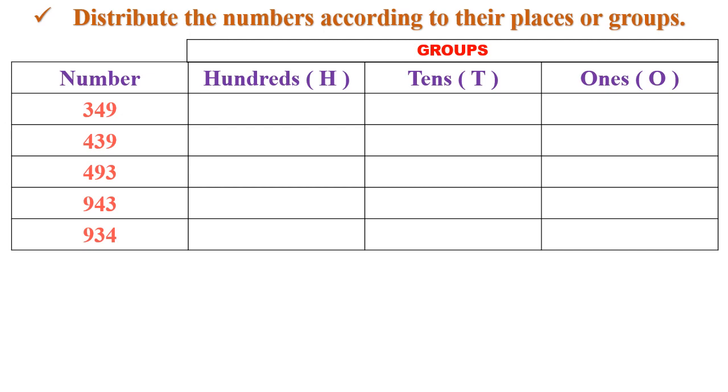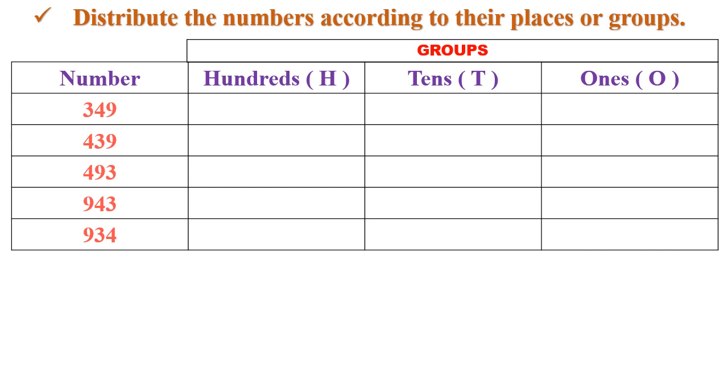According to their numerals, the number name for the first one is 349, then 439, then 493, then 943, then 934. Here the number names of all these numbers are different. So can we say that according to their places, their groups, the answer is also different?